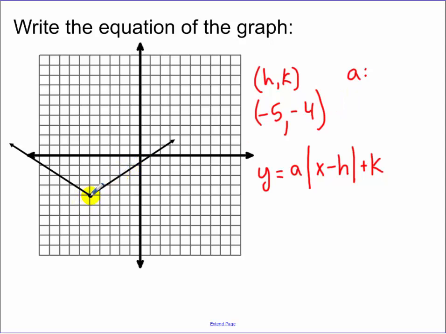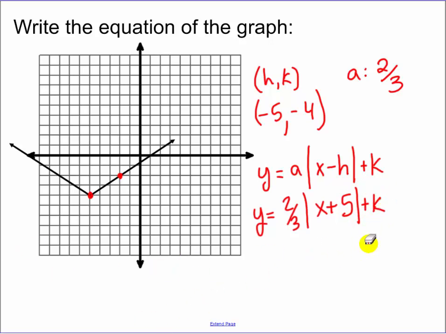We go from that point there up to that point there: up 2, right 3, up 2, right 3. So now it's just a matter of plugging in. 2/3 times x minus a negative 5, plus k. Oh, plug in your k. I'm trying to rush through this. All right, so we have a minus 4. So that's our equation there.